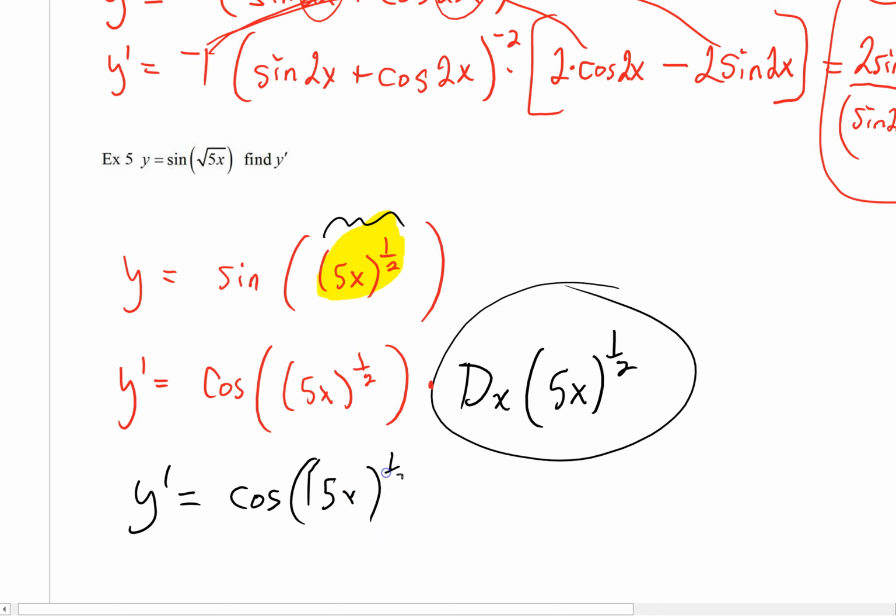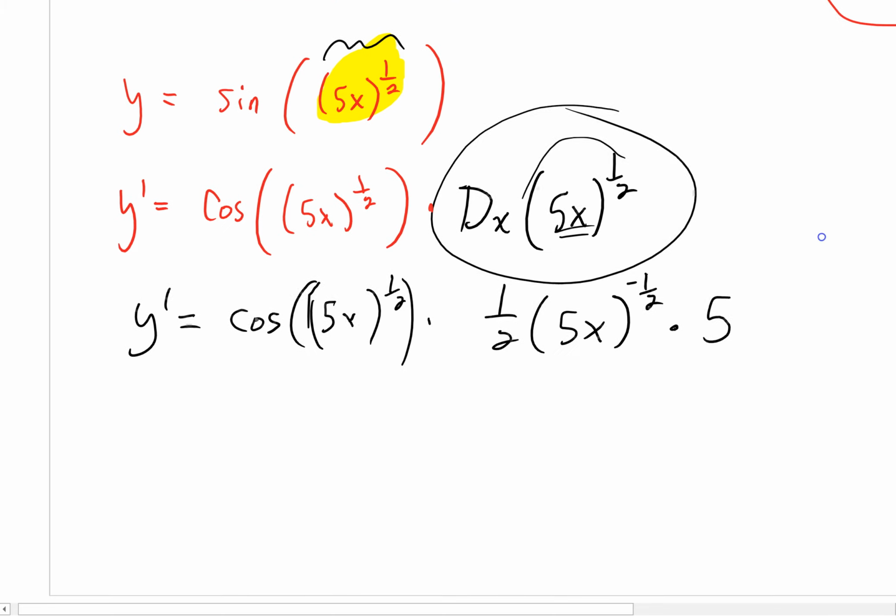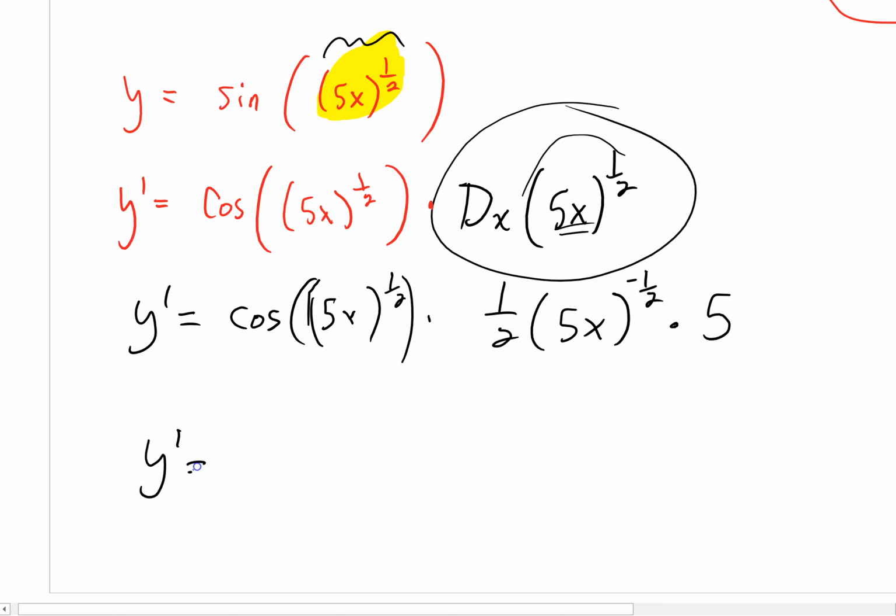Here's what you do. You'll say, hey, I'm going to bring down the derivative of the outside, 1/2 5x, this is going to go to the negative 1/2 power. Derivative of the inside, that's just a 5. So now we just clean this up. I've got a 5 over 1, I've got a 2, so I know I'm going to have a 5 and a 2.